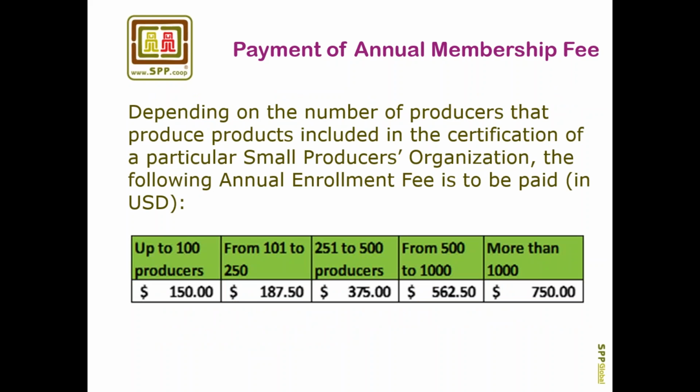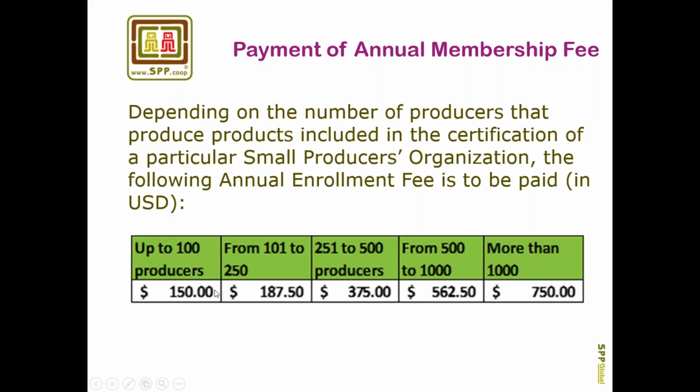Finally, small producers organizations have to pay an annual membership depending on the number of producers that produce products included in the certification of a particular small producer organization. The following annual membership is to be paid.